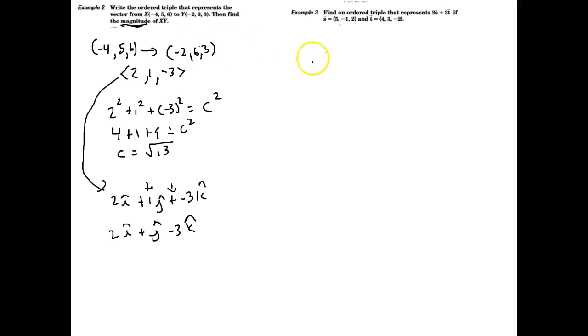Same thing happens for this, by the way. It's still a vector, right? So if I'm going to take 2s plus 3t, I'm going to write 2 times <5, -1, 2> plus 3 times <4, 3, -2>.